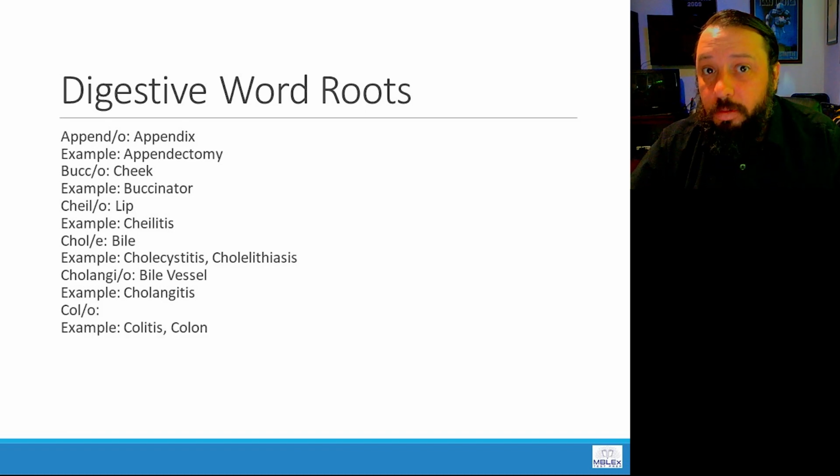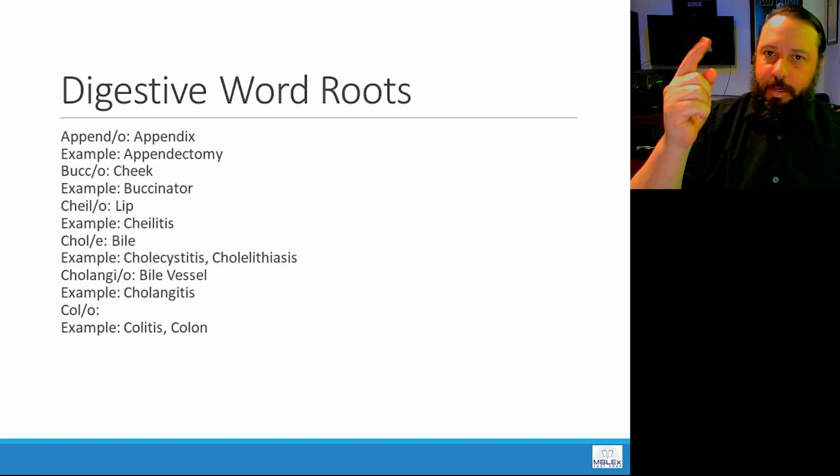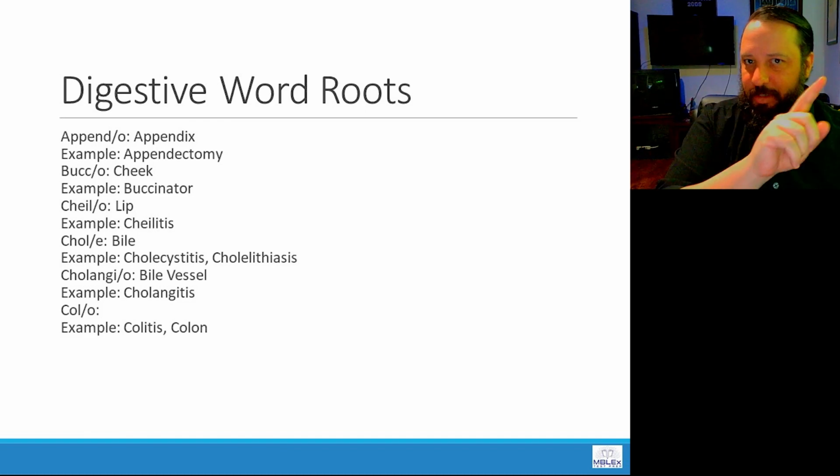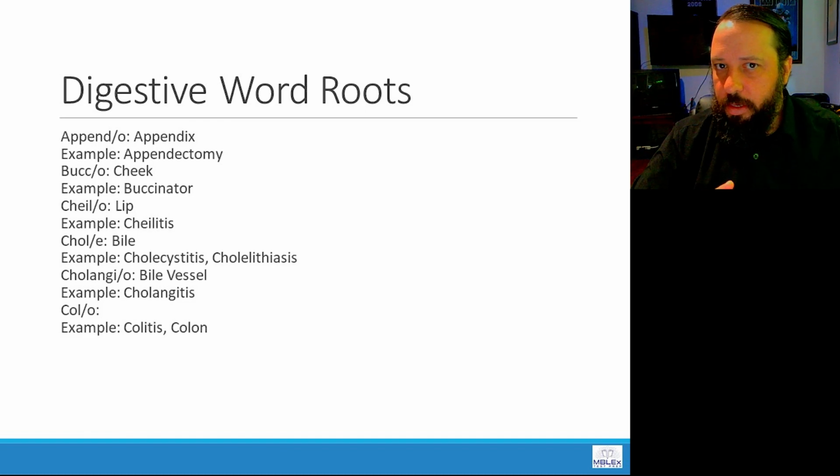Moving on. Colo, like colitis or colon. Now, I want you to think about, in the digestive system, we have one specific organ that has the term colon in it numerous times, based on which part we're talking about. We have ascending colon, transverse colon, descending colon, and sigmoid colon.